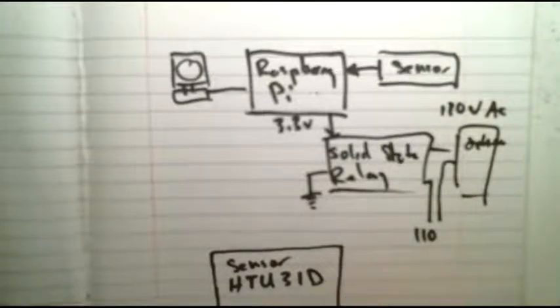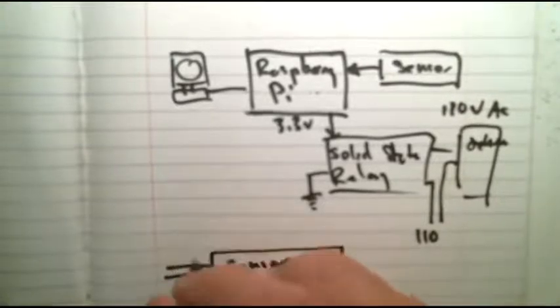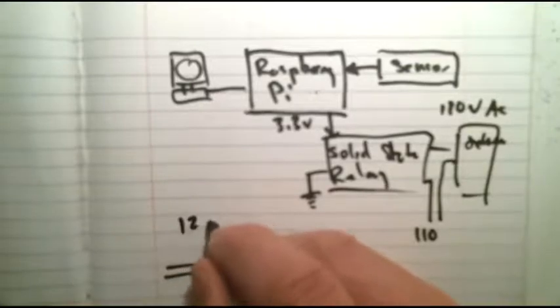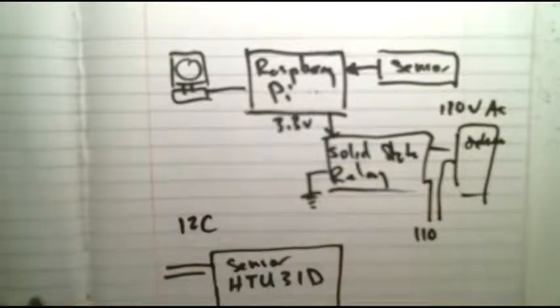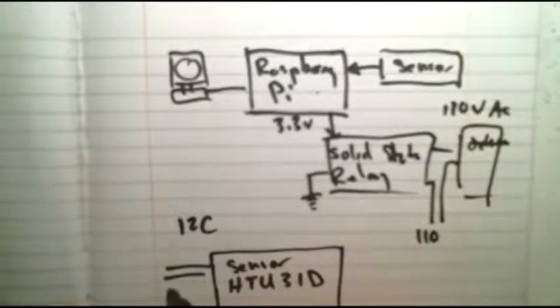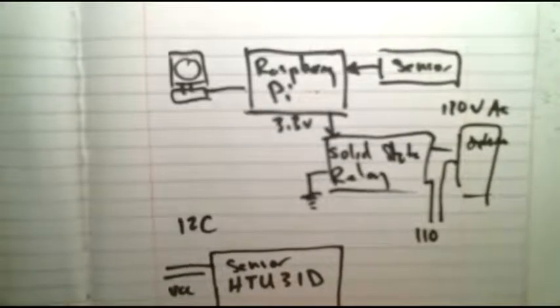This sensor operates on I2C, so the Raspberry Pi will give an I2C signal to the sensor. It's going to need a VCC and a ground connection.